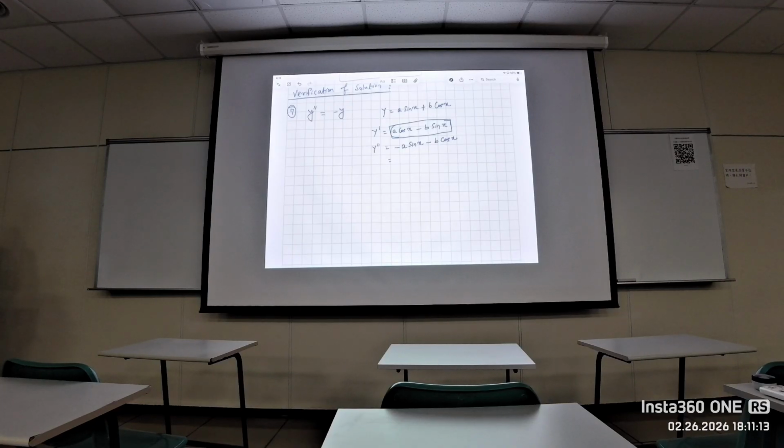Now if I take the minus common, it will be minus of a sin x plus b cosine x. What exactly is it? Minus y. So this is nothing but minus y. That means it is proved that this is the original solution to this problem.